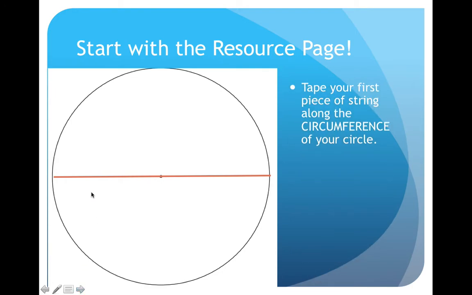When you're ready, tape your first piece of string along the circumference of your circle. So you're actually going to take your piece of tape and line up your piece of string along the outside here. Take a couple pieces of tape to get it right on the line, and you're going to put it on the circumference of your circle.